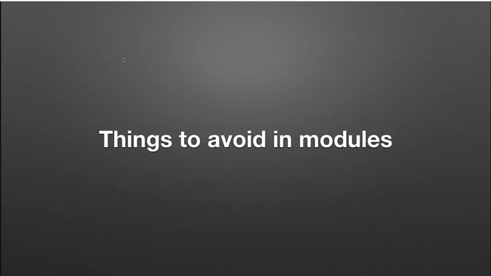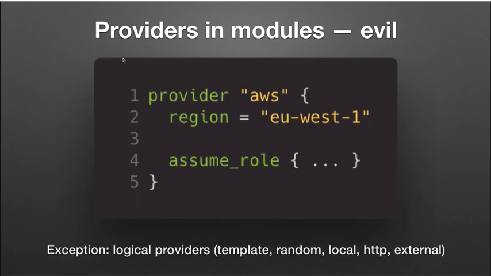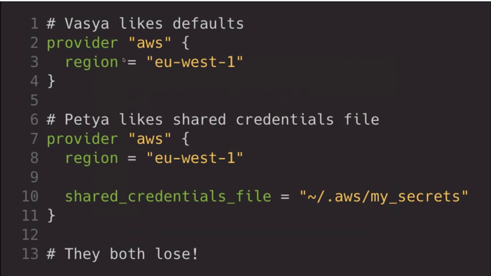A couple of things to avoid in a module. If you specify a provider and you specify assume role there, the problem with this is that if there are two users, one called Vasya and the second called Petya, and they configure their environment to access differently, let's say Vasya is using the default credentials mechanism and Petya is using a shared credentials file, in this case they will not be able to use this module.